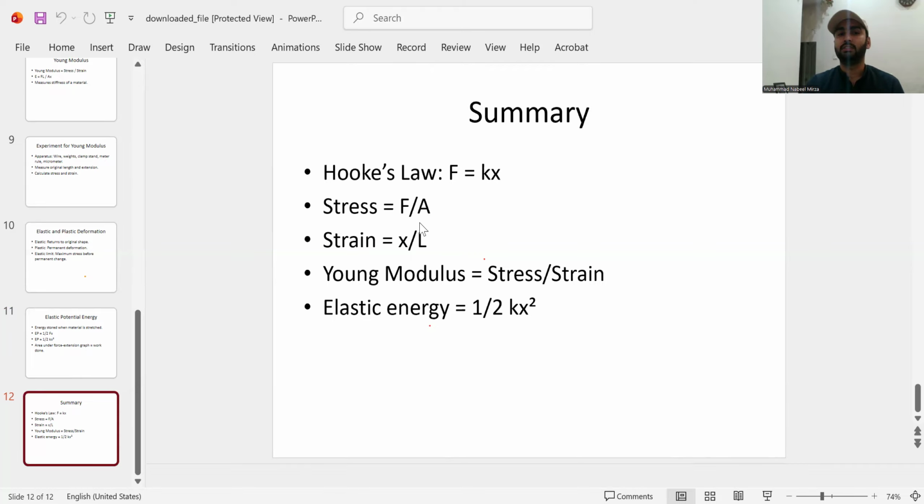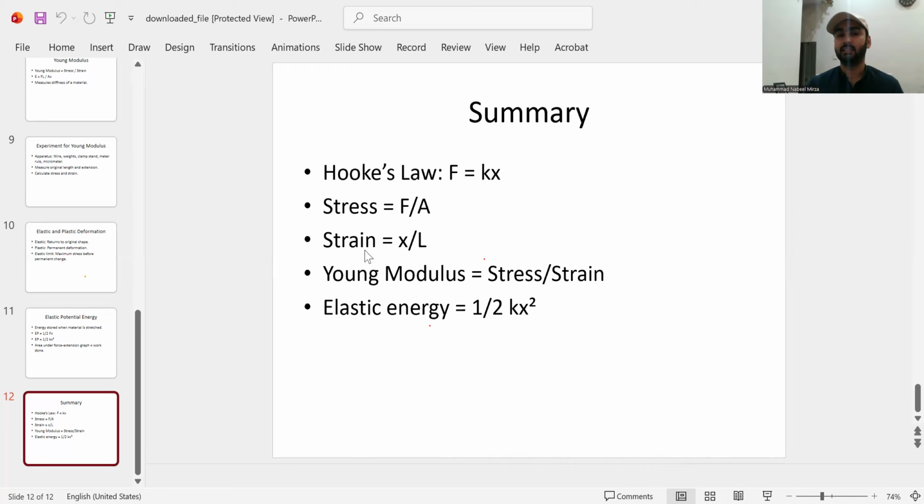What is the meaning of stress? We apply a force on per unit area. On an area, how much force is applied is called the stress. And the strain: when we apply a force on an object, its length changes.